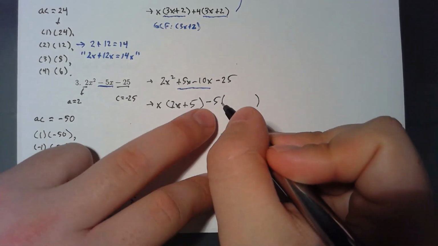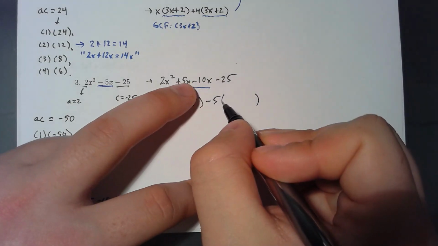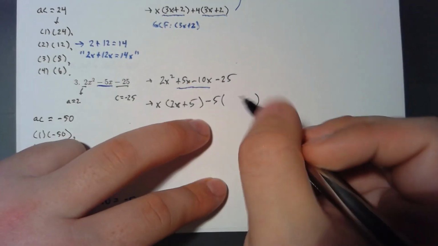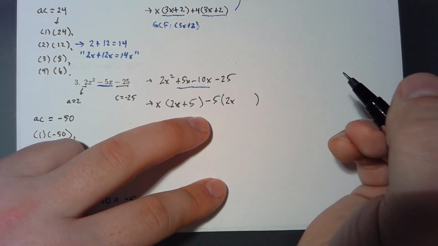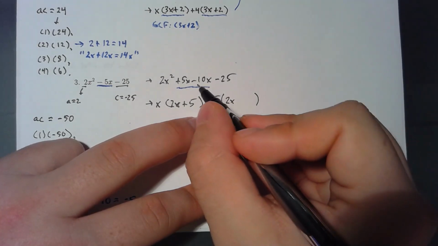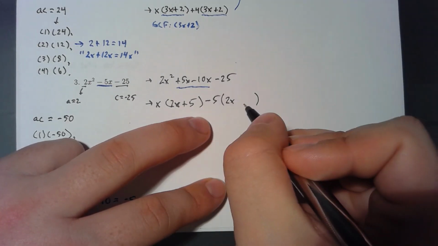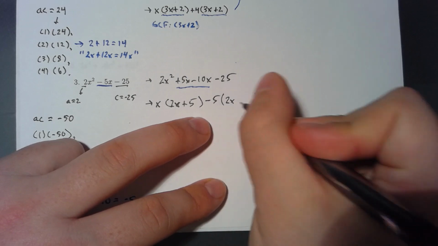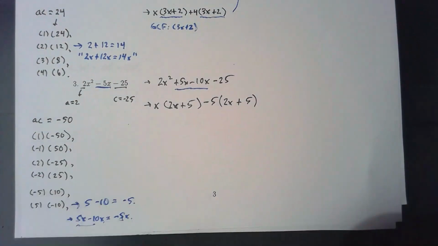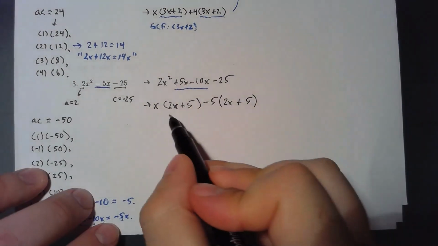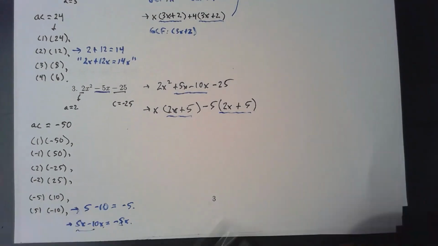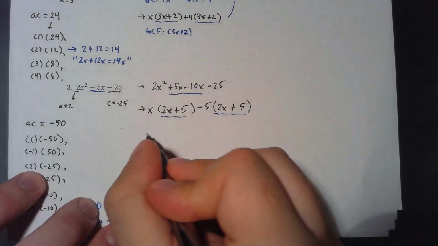Negative 5 out of negative 10, what's missing? That's going to be a 2x, right? Yep. Negative 5 times 2x is negative 10x. Negative 5 times what gives me negative 25? Oh, it's going to be positive 5. You can see it now, right? Here's the 2x plus 5, here's the 2x plus 5. So I can factor that out of the whole thing.